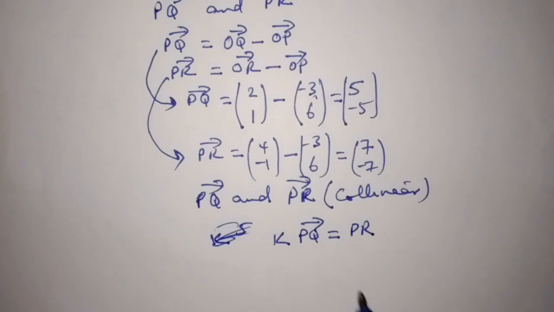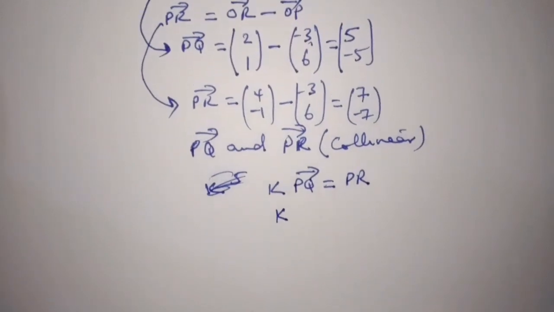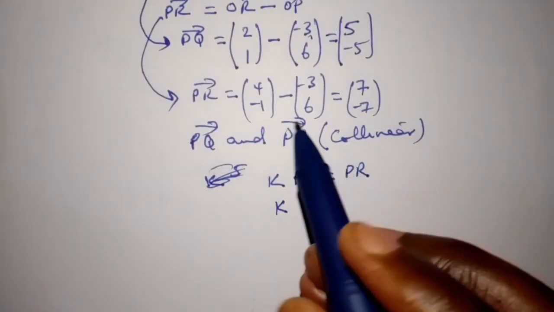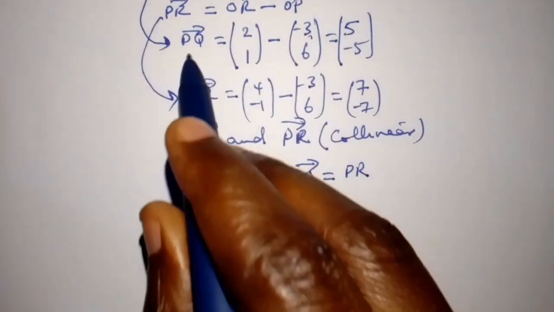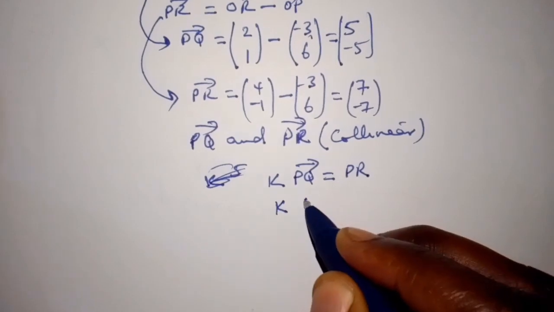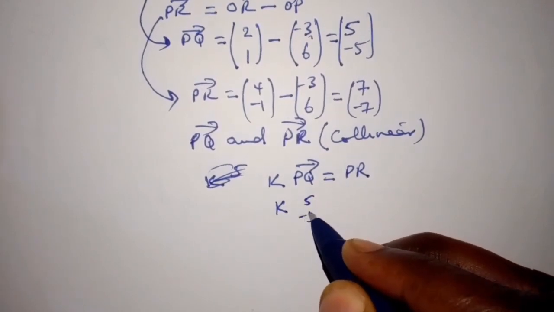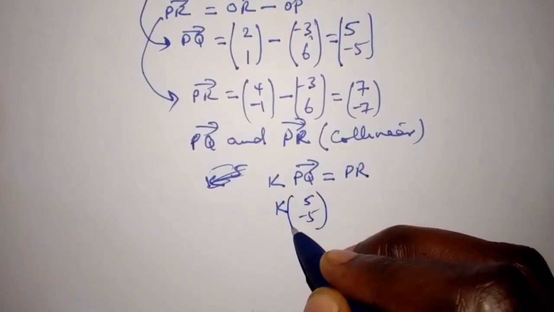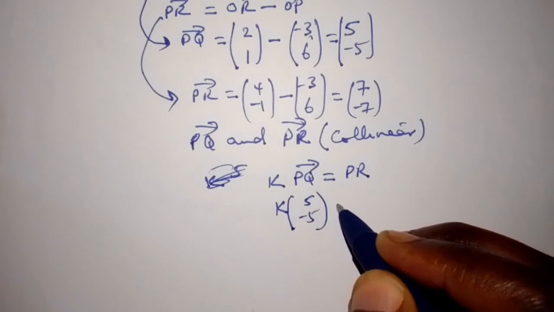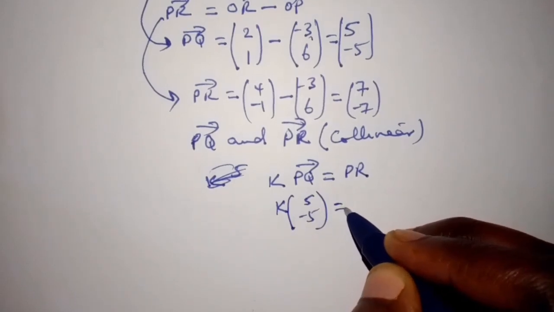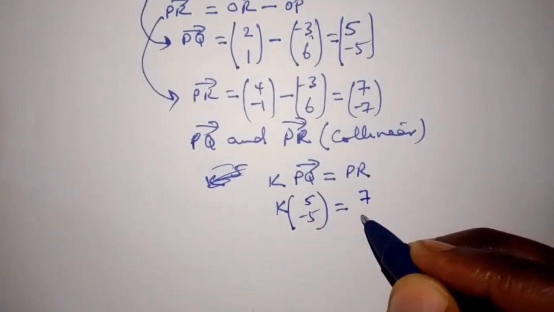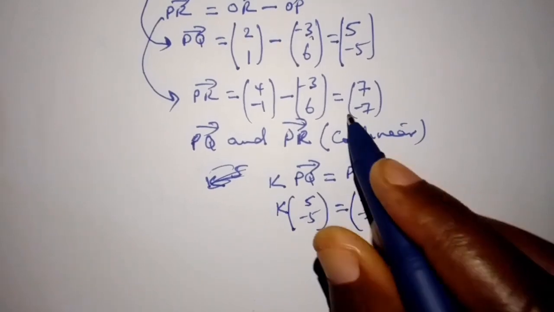So we can substitute. K times vector PQ, which is (5, -5), is equal to PR, which is (7, -7).